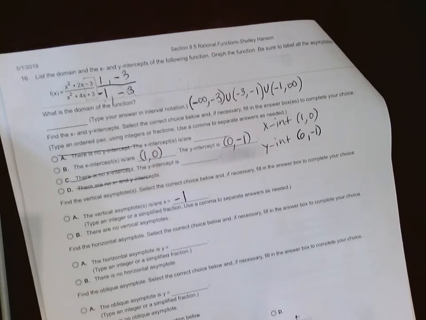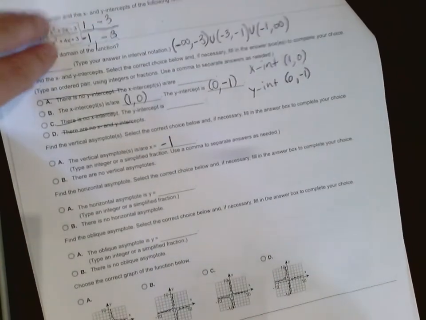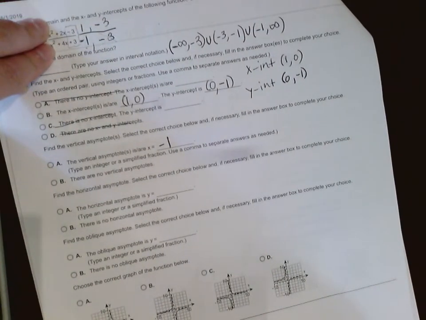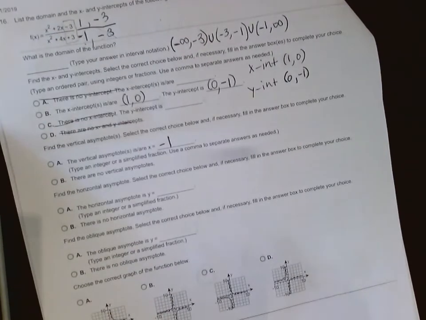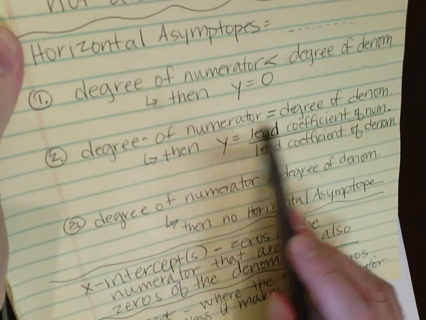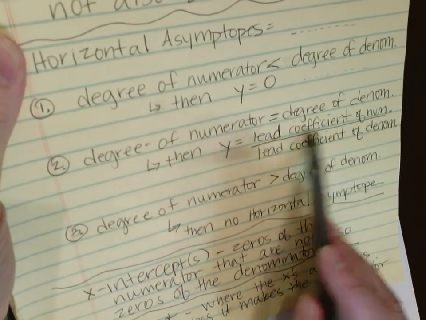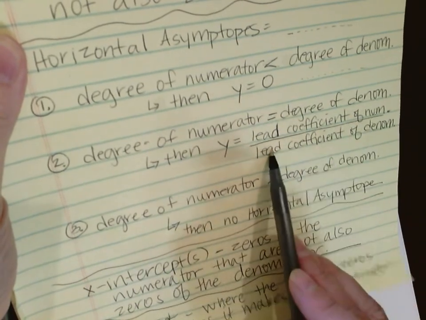Then it says find the horizontal asymptote. Remember, the horizontal asymptote goes by the chart, and we're looking at the degrees. What are the degrees of the top and the bottom? Equal. Since they are both 2, the degree of the numerator is equal to the degree of the denominator. When they're equal, the horizontal asymptote is y equals the leading coefficient of the numerator over the leading coefficient of the denominator.